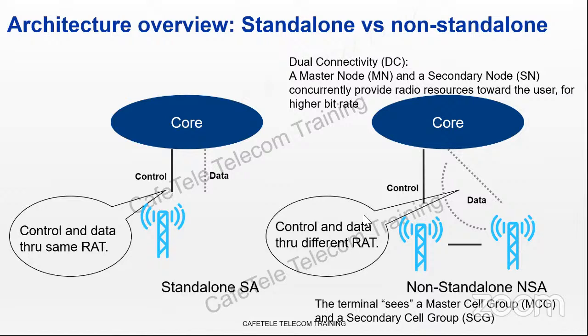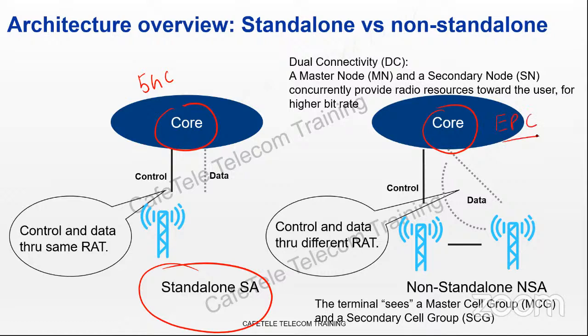So here you can see the architecture. This is the core architecture. Core means this is your 5GC and this is your EPC. 5G core, EPC core. It means it's a different concept.